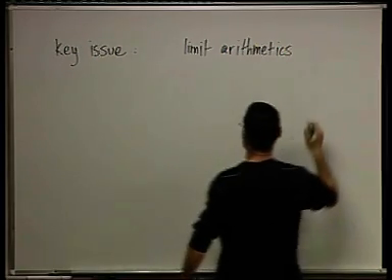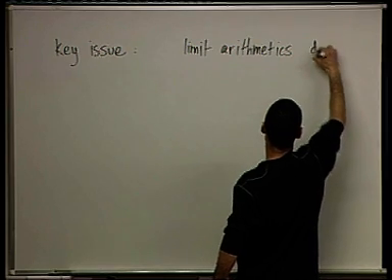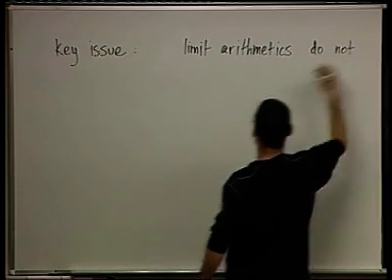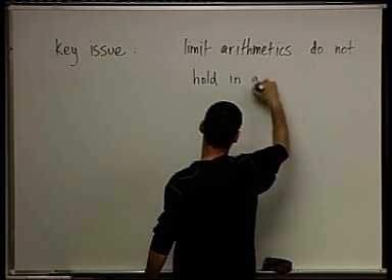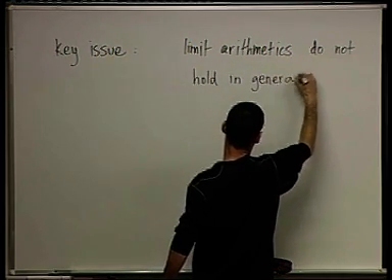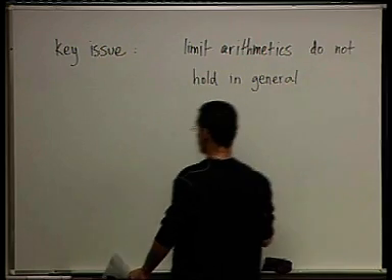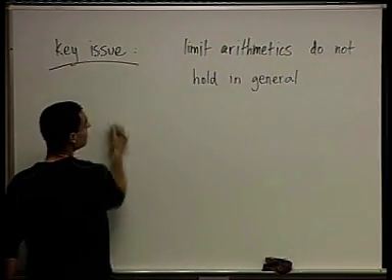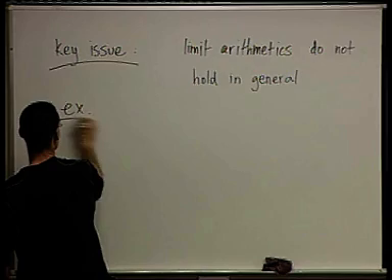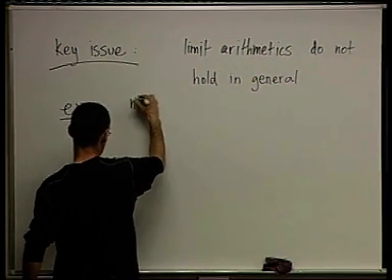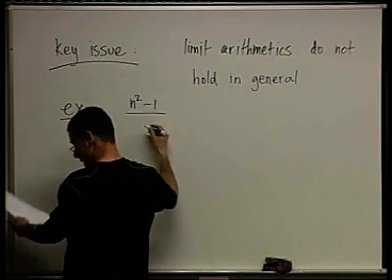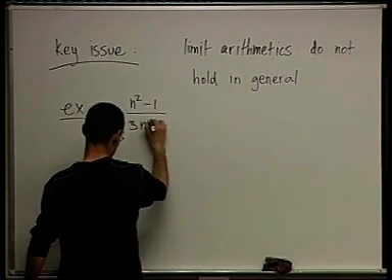Limit arithmetics do not hold in general. So for examples, suppose we take the sequence n squared minus 1 divided by 3n squared.